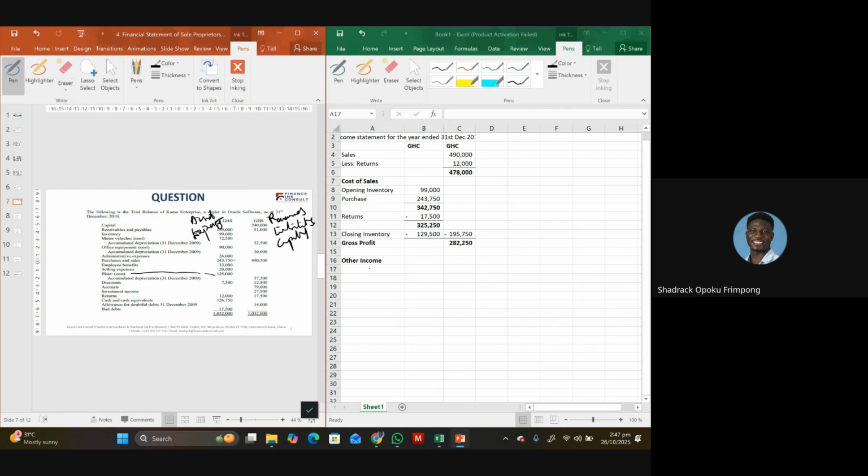So have this at the back of your mind, just in case you are confused on how to treat a particular item. It will give you a proper guide. On the debit side, it's either an asset or an expense. And on the credit side, revenue, liabilities, or capital. So we are looking at capital on the credit side, receivables and payables.